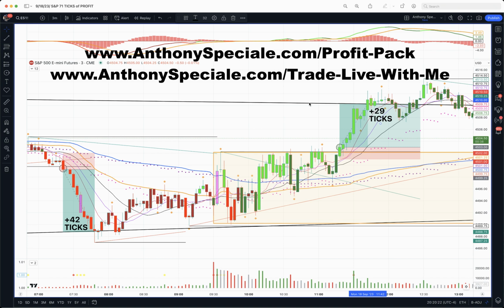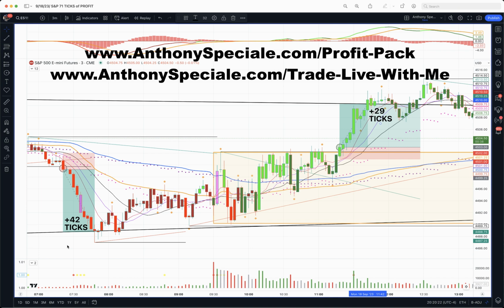But our technical target resided here at this hand-drawn resistance structure, just like our support resided here at this hand-drawn support structure. Guess who draws all these support and resistance structures? That's right, yours truly. Okay, I am classically trained by the Charter Market Technician course.